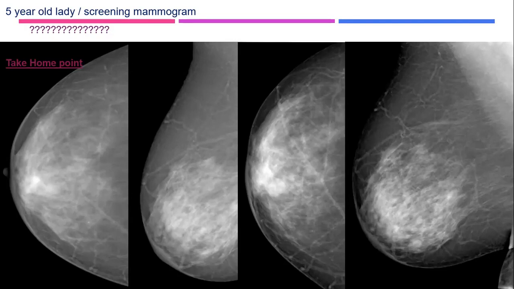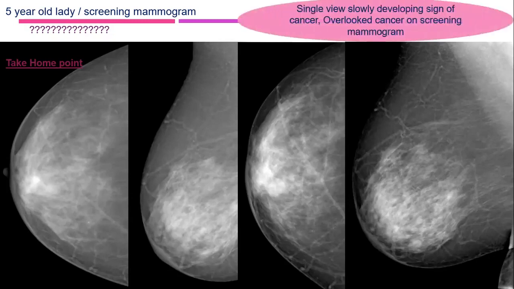Again, breast cancer was missed on screening mammography, overlooked because of a single view and a slowly developing asymmetry. We have said before that one of the reasons for missing cancer is a slowly developing asymmetry, or stable cancer with little or apparently no growth.